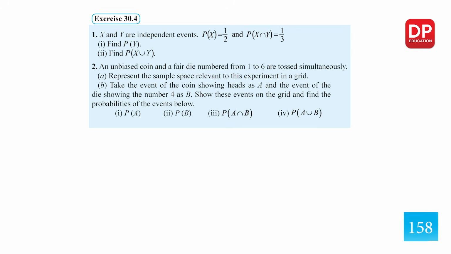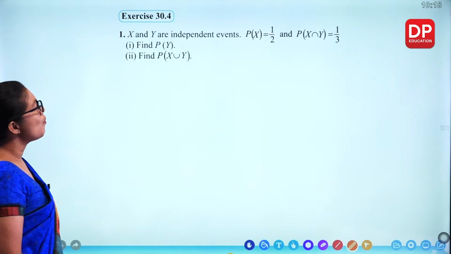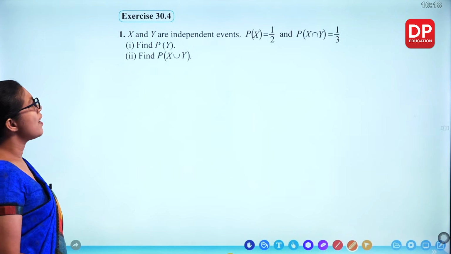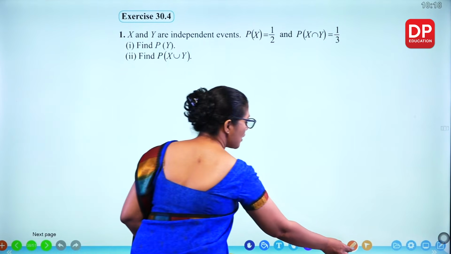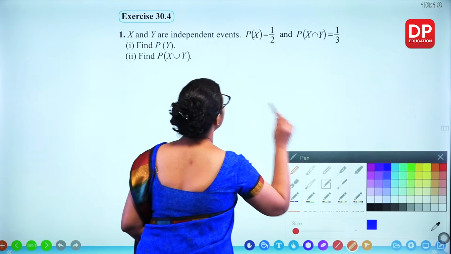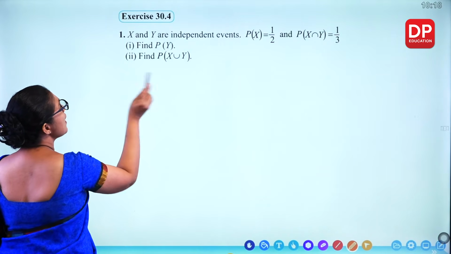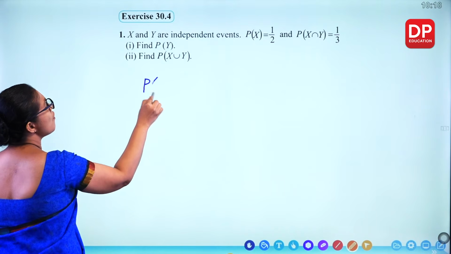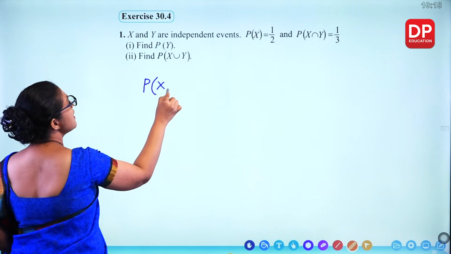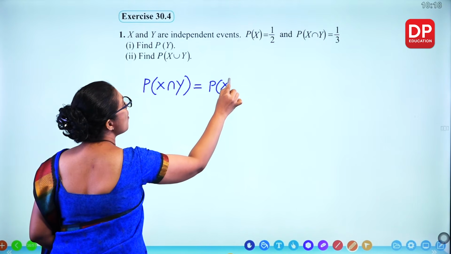Exercise 30.4. X and Y are independent events. Probability of X is given as half, the intersection is 1/3, and you are asked to find P(Y), the probability of getting Y. So I'll do the question. First thing, you are given probability of X is half. How can we identify whether these are independent? We can use the formula, but it is already given that they are independent, so you can use this formula straight away.